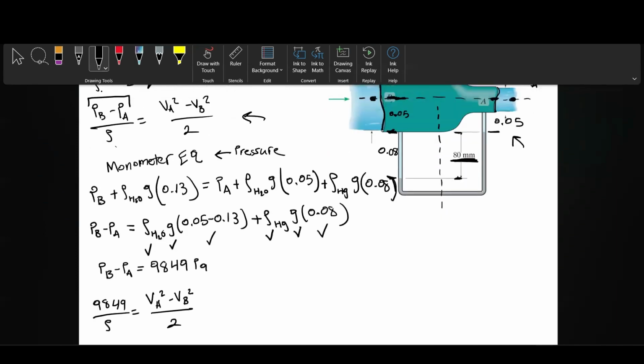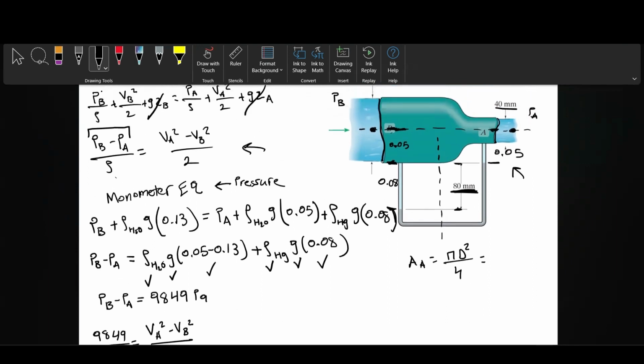So the area at A, like before, equals pi d squared over 4. The diameter at A is 40. So this is going to be pi times 40 over 1,000 squared over 4, and this is going to be equal to 0.00126 meters squared.